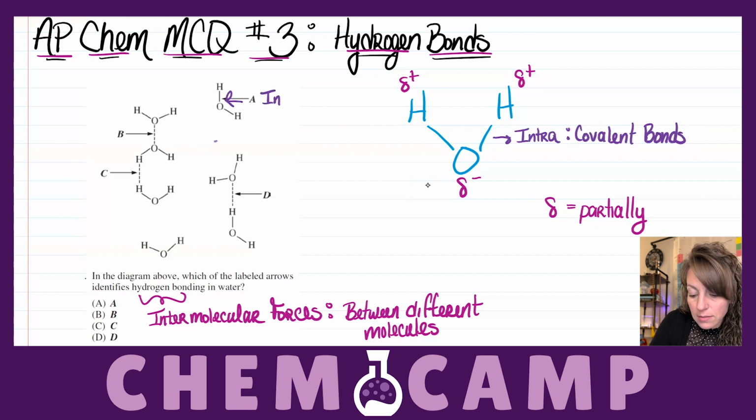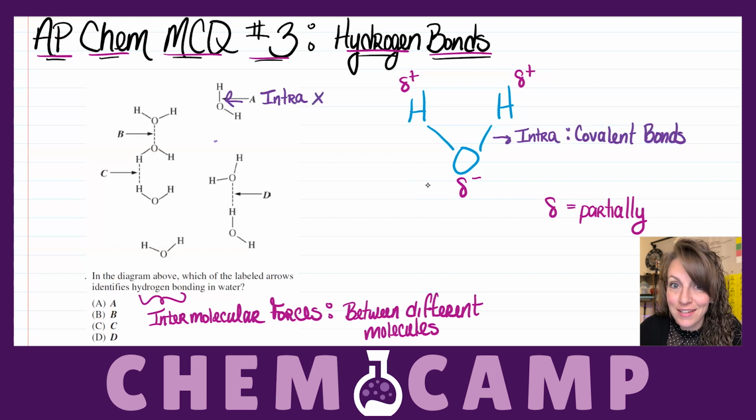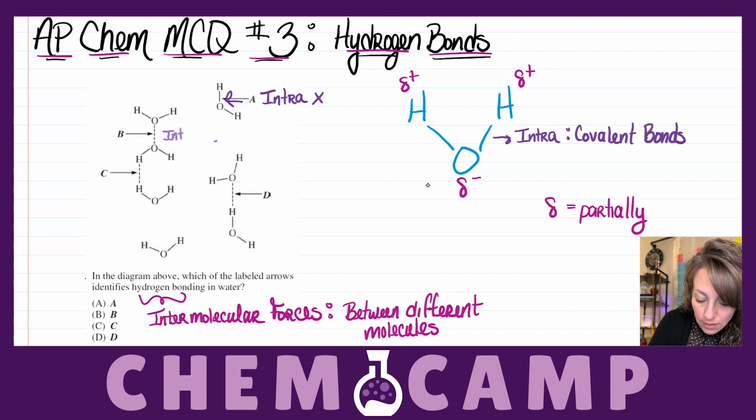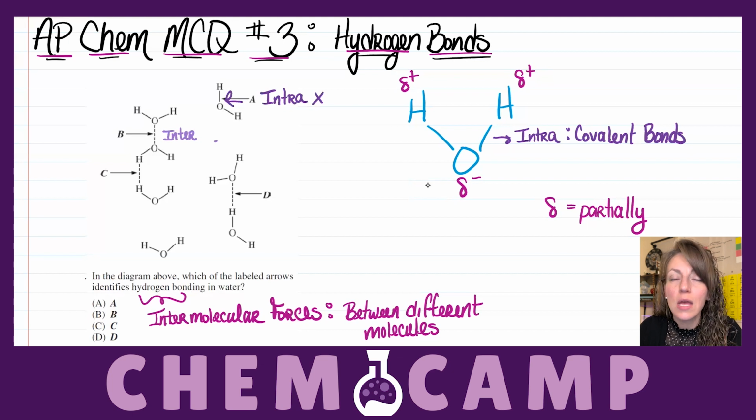So that means that that's an intra force, meaning that letter A is not an option here. Let's take a look at letter B. Letter B is much better. It is, in fact, pointing to a dotted line, which again is going to represent that intermolecular force because it's weaker than the intra. However, look carefully.